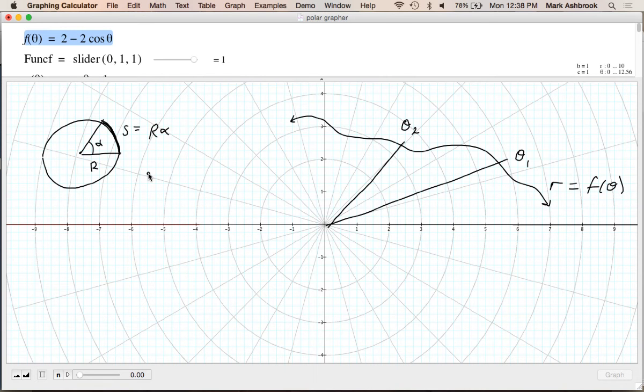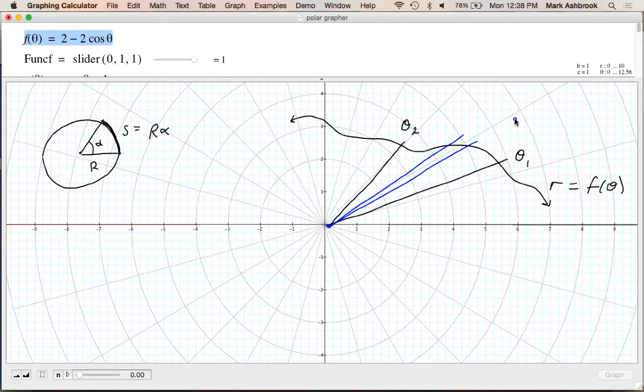Okay, so what is our typical element going to be? We think about a little change in theta. For a typical element, we're always starting at the pole, right? So what's the shape of a typical element? It's kind of like a triangular sliver. Do you see that?